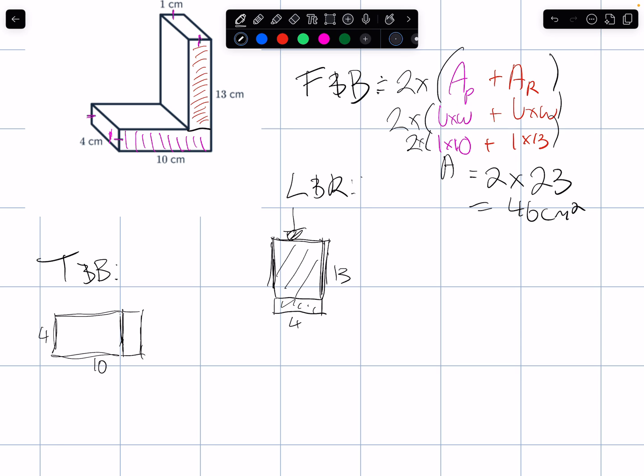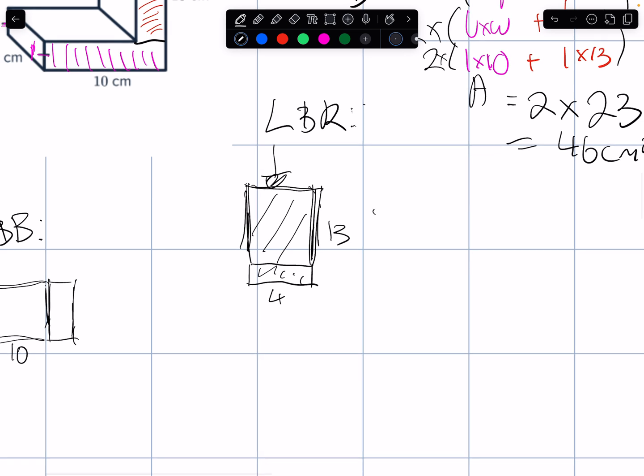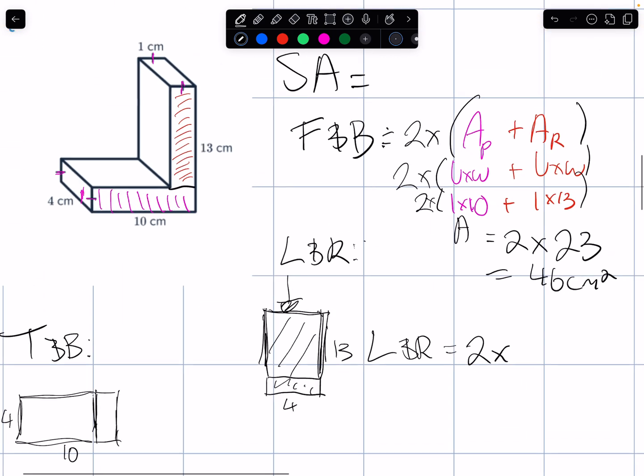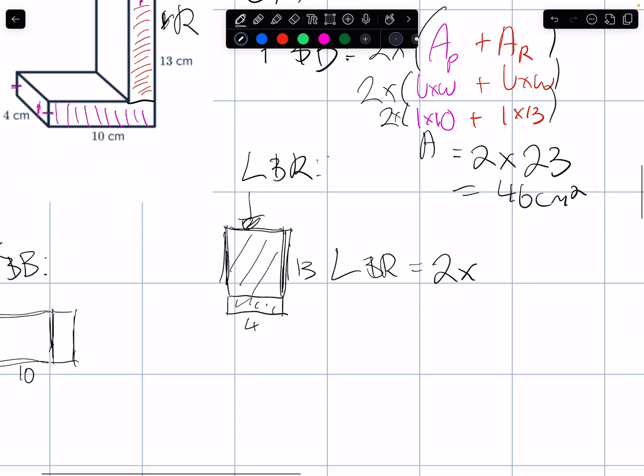Okay, so left and right, because we're doing two. So our left and right, because there's two sides, we're going to do 2 times. Now, this is a rectangle, all right? Even if, let's say, we're imagining we were looking at the right hand side here, so this side there, it would be a 13 by 4 rectangle.